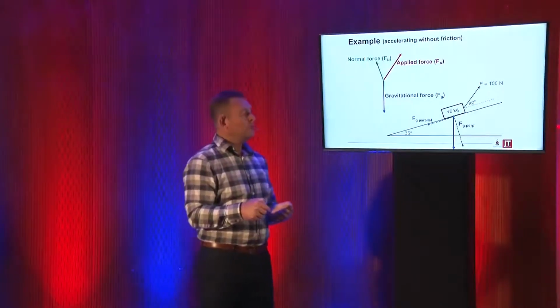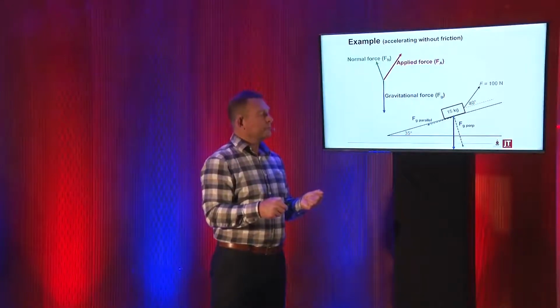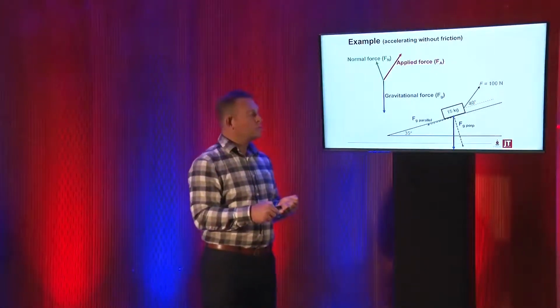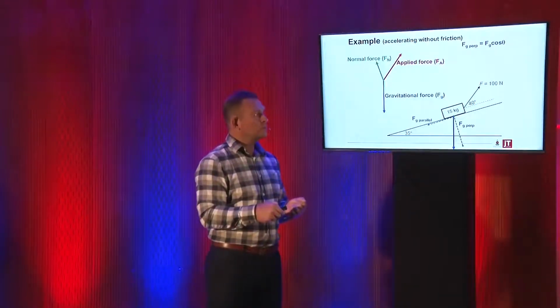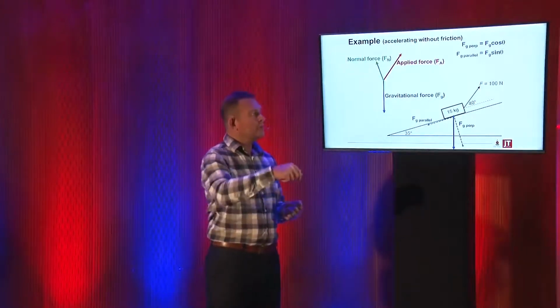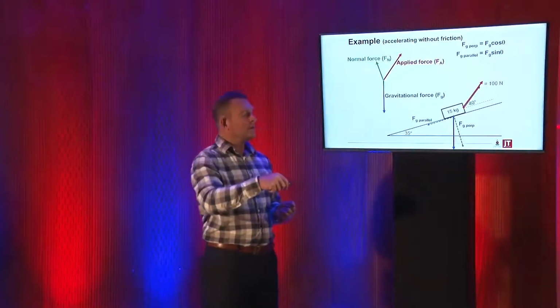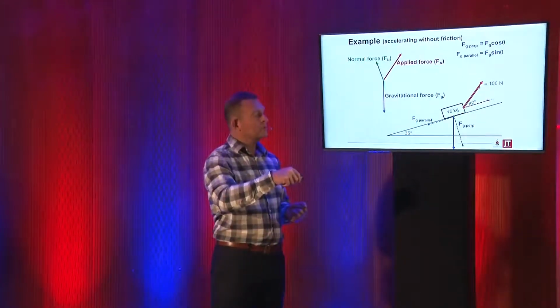That's the force which pulls the block down the slope rather than into the slope. So in our minds, we have separated the gravitational force into 2 components. And there are equations for those forces given up in the top right-hand side, the perpendicular component as well as the parallel component, and they come from the right angle there. So we've got sine theta and cos theta for those components.